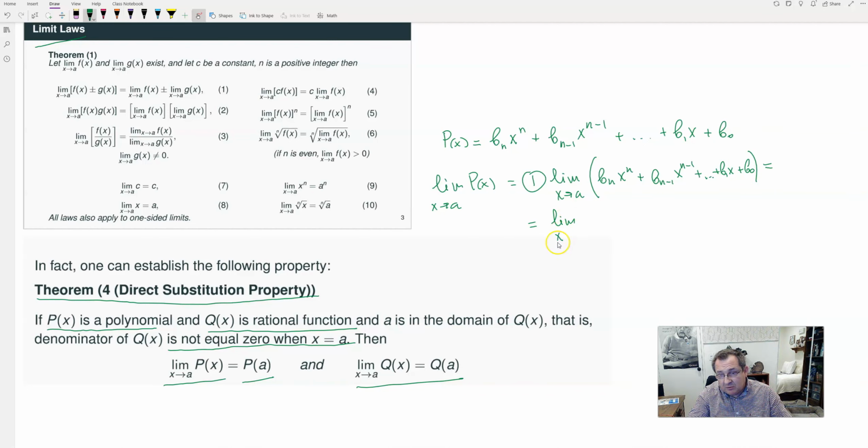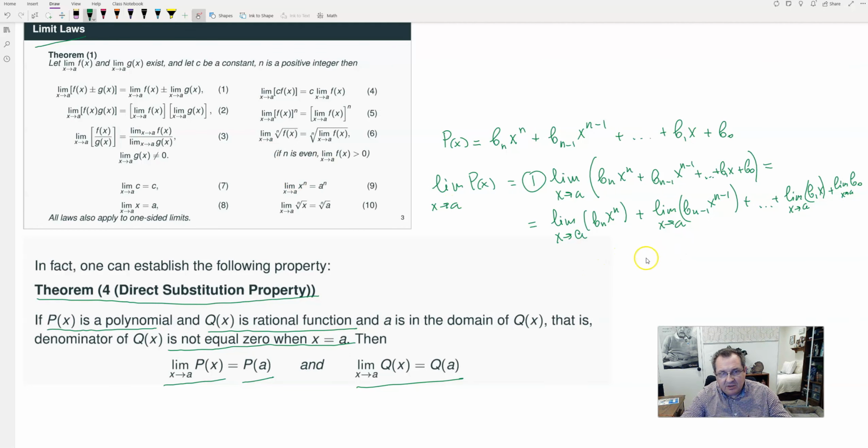The first limit will be, as x approaches a, the limit of bn x raised to n, plus the limit as x approaches a of b(n-1) x raised to n minus 1, plus dot dot dot, plus the limit as x approaches a of b1 x, and finally there will be the limit as x approaches a of b0.